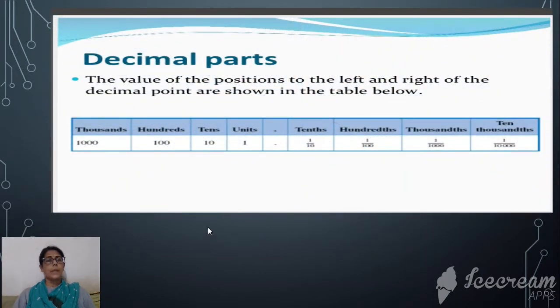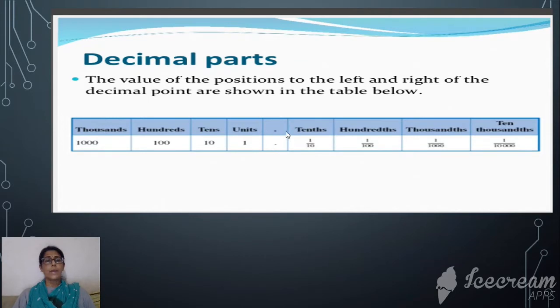Now I will explain you the place value chart of the decimal. As per the places of the numbers, we have to write in the place value chart. Thousands in the thousands place, hundreds in the hundreds place, tens in the tens place, ones in the unit or ones place.